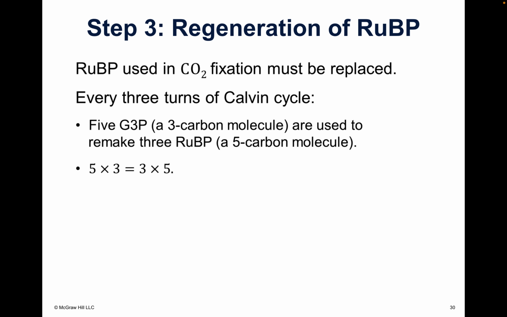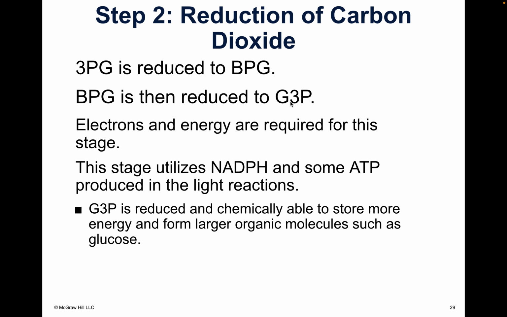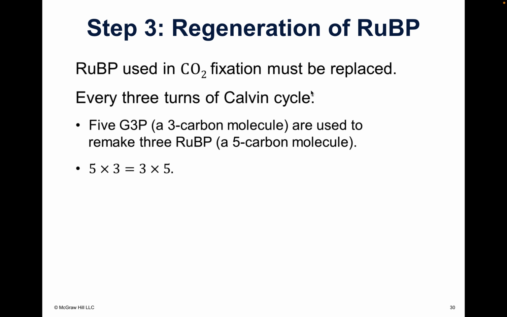And every 3 times it goes through its process, 5 G3P, which was produced right here, are used to remake 3 RuBP. If you notice, we're building back up. This G3P is a 3 carbon molecule, and that RuBP is a 5. So it's one big cycle, okay?